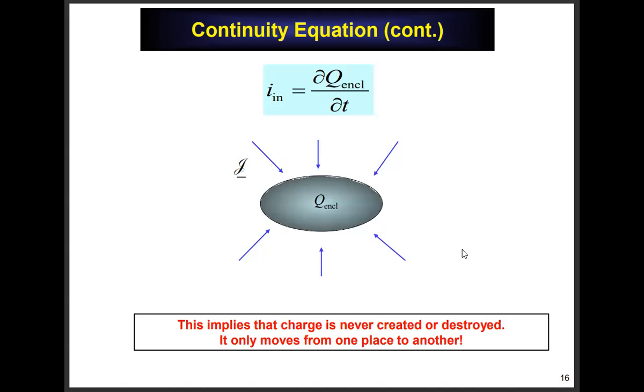So here's like a J vector showing current flowing into the surface from the outside. You can visualize protons flowing in from the outside. The current flowing in, crossing the surface S, is equal to the rate of change of the charge inside. Physically, if charge is moving and crosses the surface, that current then causes a buildup of the charge inside.